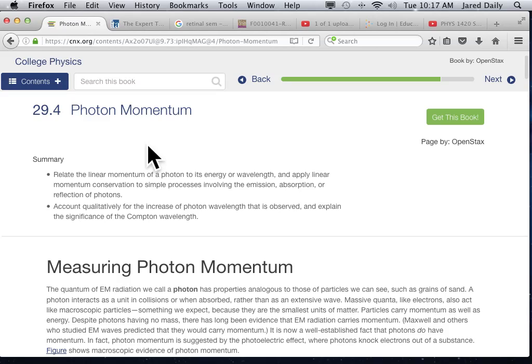Okay, so now we know that photons are a particle of light or a package of light energy, and that every frequency of light has its own size of package of energy, its own size photon.